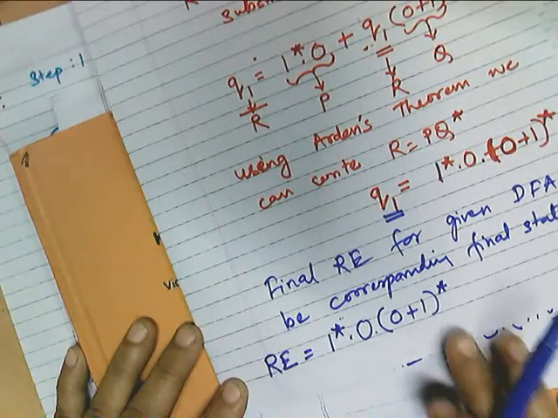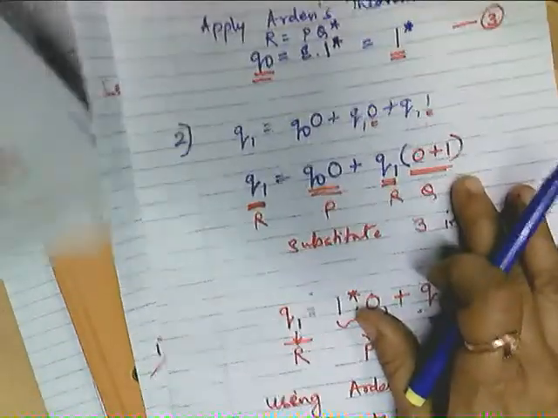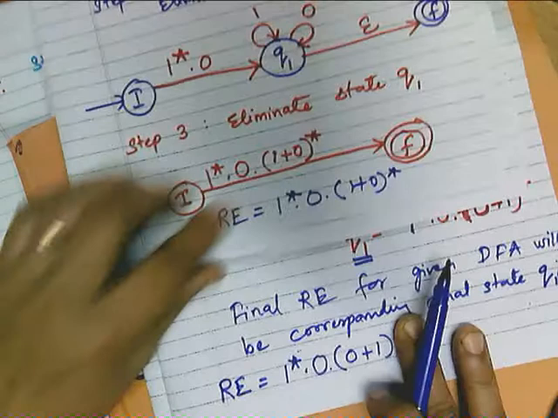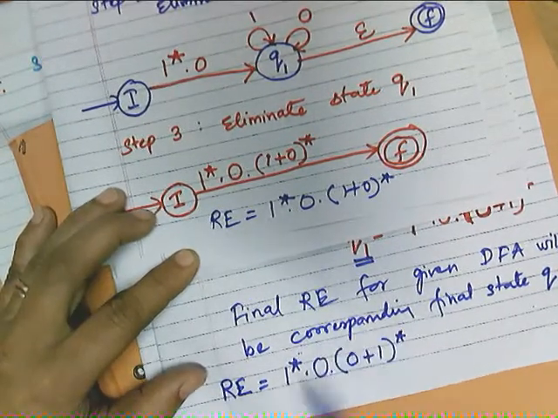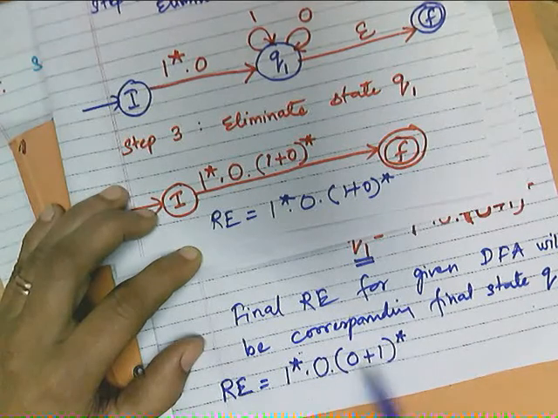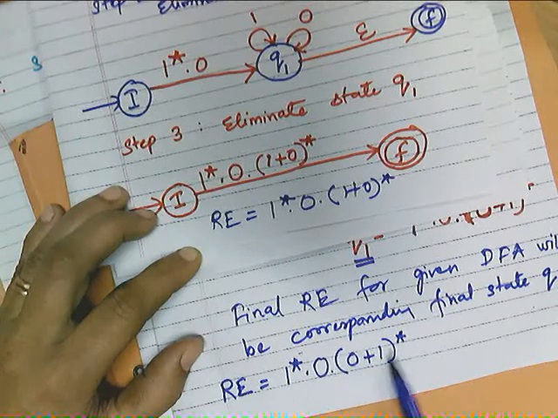Now we have just solved the problem using the state loop elimination method. Have we got the same solution? Now this was our problem and we got this solution. Is it matching? 1 star dot 0, and here it is written 1 plus 0, so it is one and the same thing. You can write 0 plus 1 whole star.